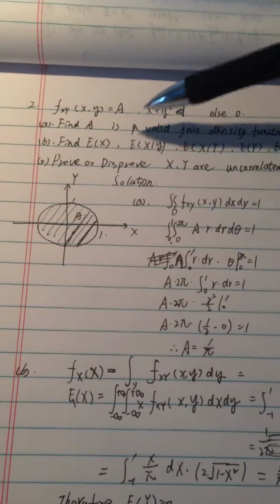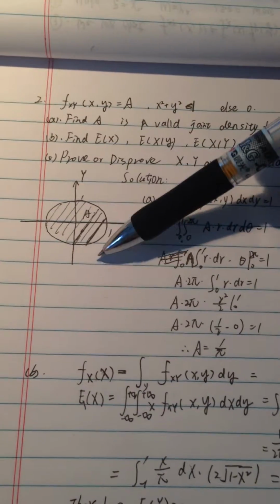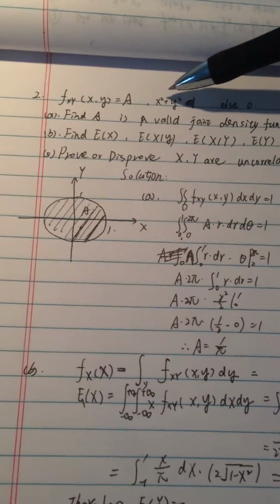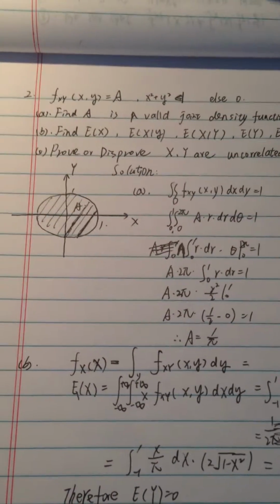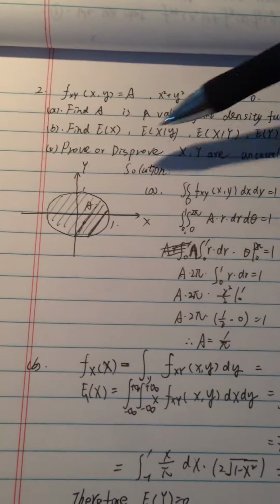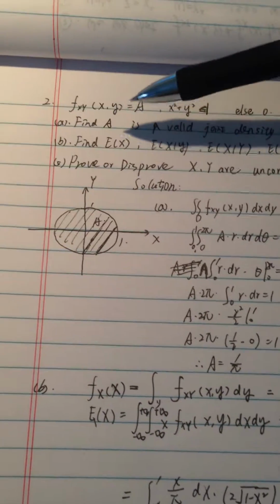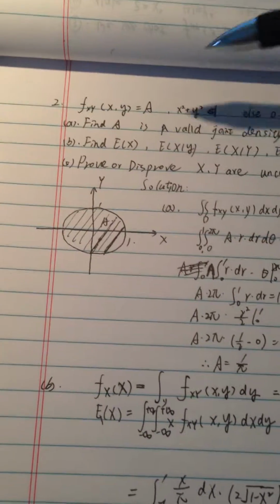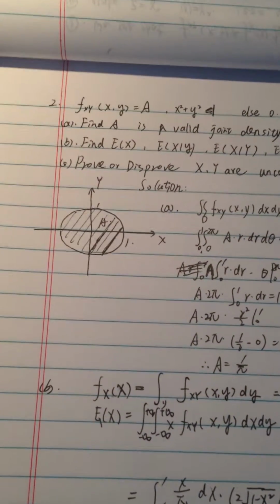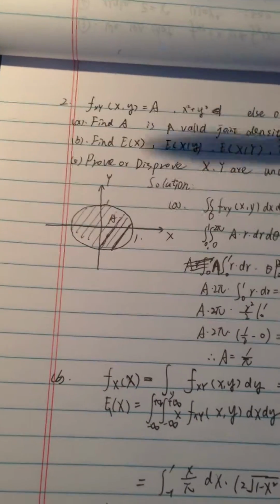density function equal to a, and the region is a circle. Okay, we draw it like this because x squared plus y squared is less than 1, so it is a circle. The first thing is also to find a, to make this joint density function valid.